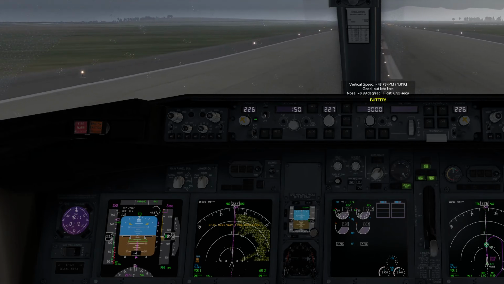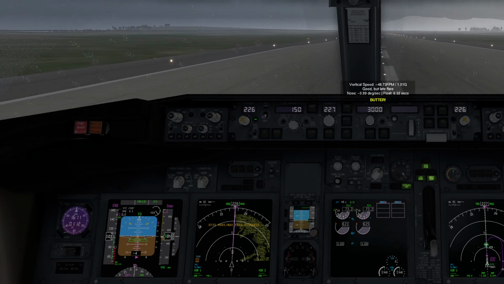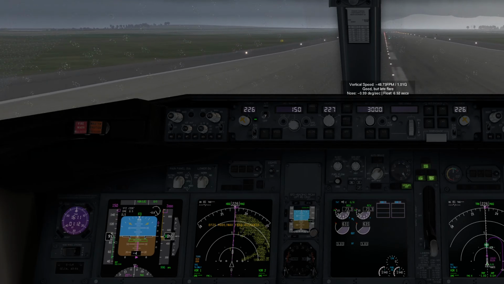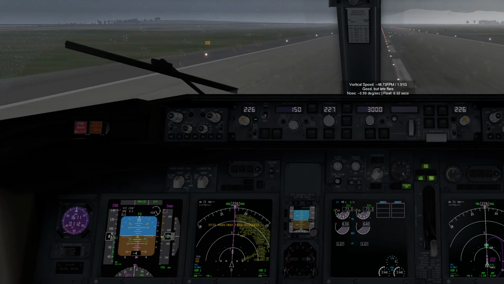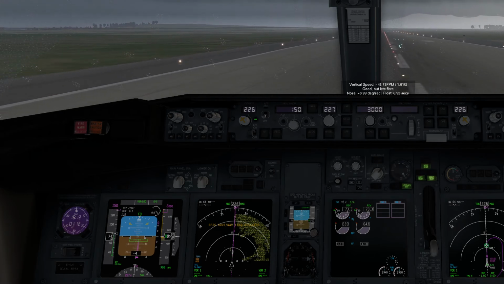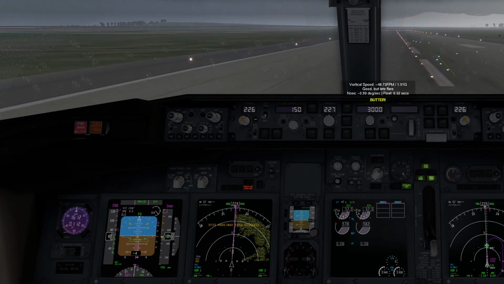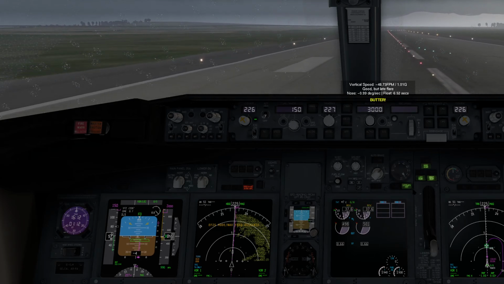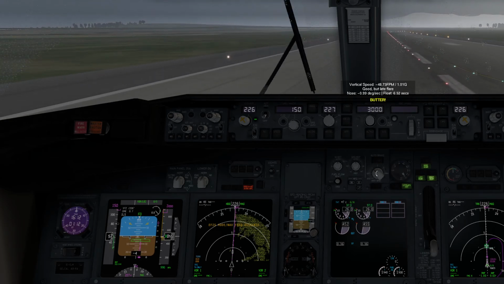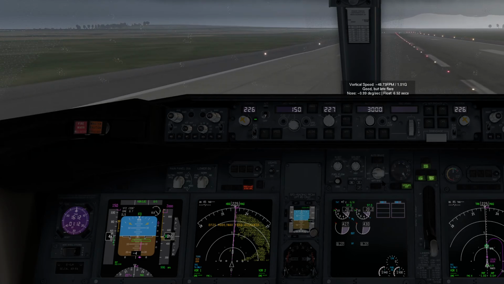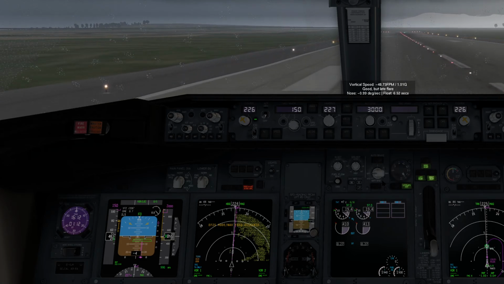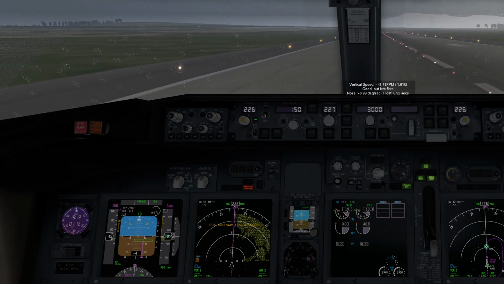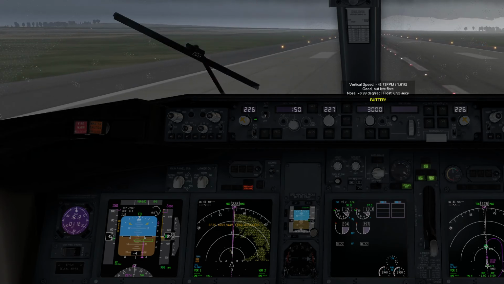Reversers. 80 knots. Reversers off. Auto brakes off. Flaps up. Wow.